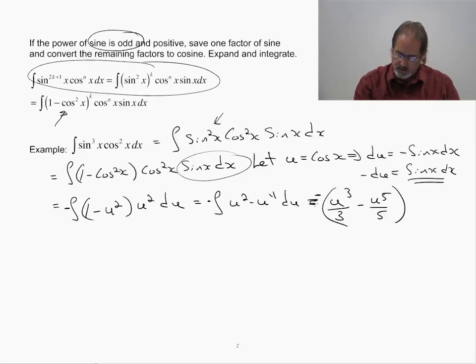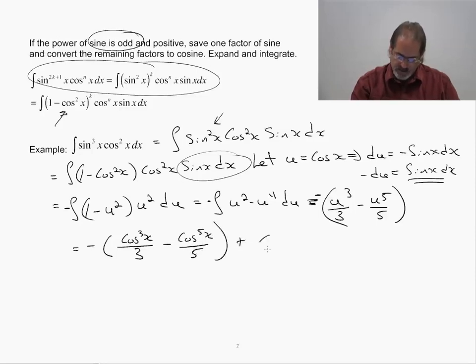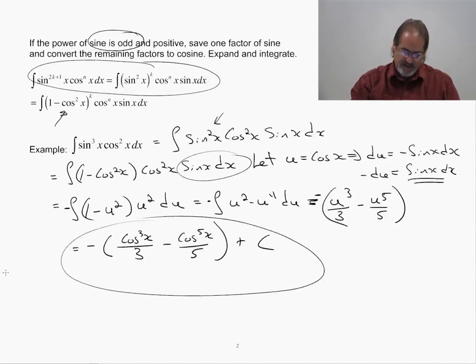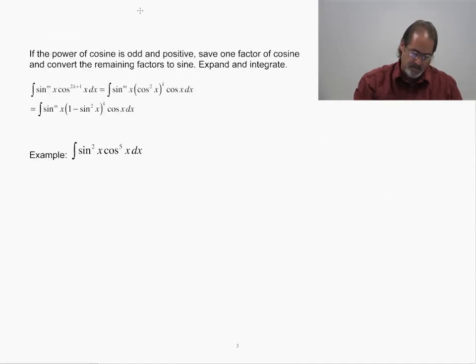So this is going to be a negative of, see, u was cosine, so I'll have cosine cubed of x over 3 minus cosine to the fifth of x over 5, plus I need my constant of integration. Now, you can fiddle around with that and move that negative in or do whatever you're going to do, but essentially, that's the solution. Okay, let's take a look at another example.